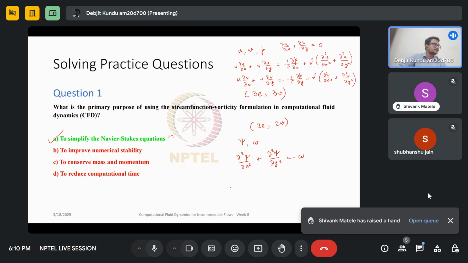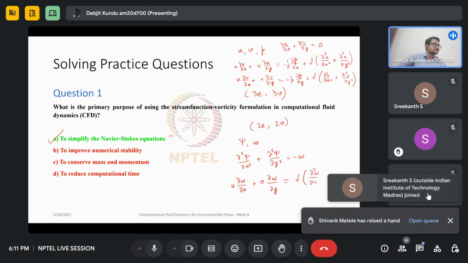The equation to solve for omega is simply the vorticity transport equation. The transport equation is very similar to the momentum transport equations in the Navier-Stokes equation, so the format is similar: u dou omega dou x plus v dou omega dou y equals nu into dou 2 omega dou x2 plus dou 2 omega dou y2.